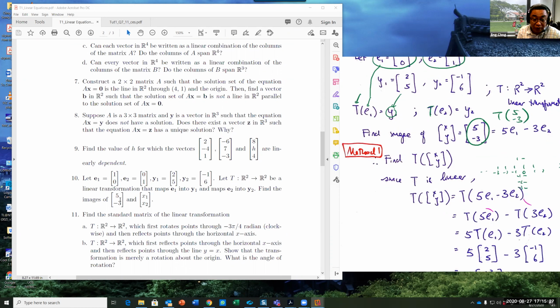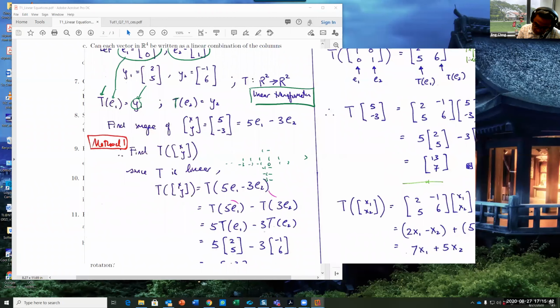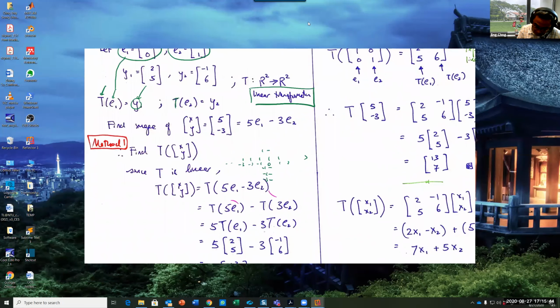So the trick is, the problem told us that T is a linear transformation. So what does linear transformation mean? A linear transformation behaves like this. T of, let's call this, alpha V1 plus beta V2.